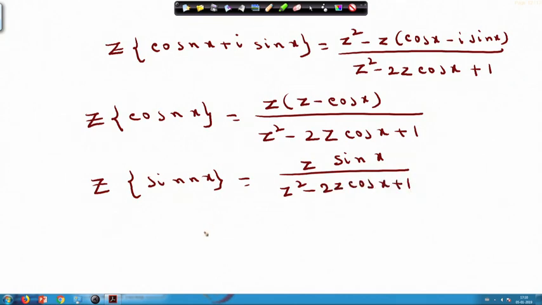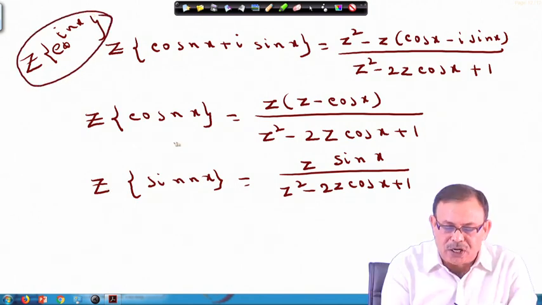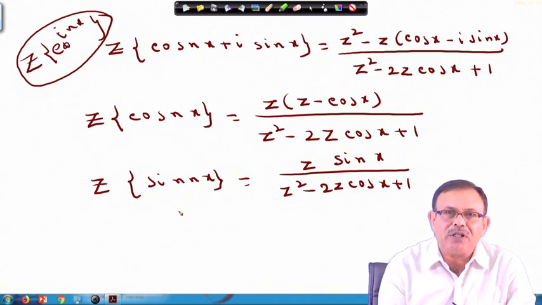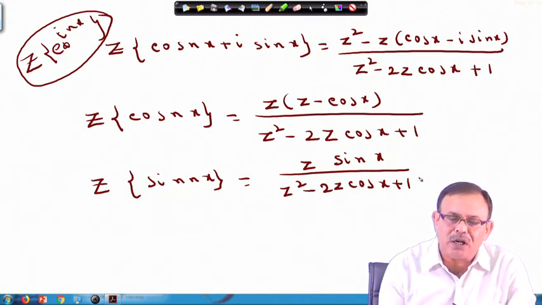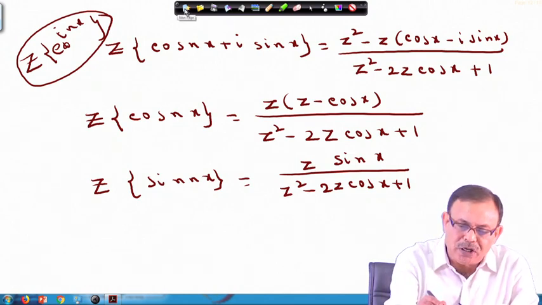So, by using the z transform of e power i n x, I have found the z transform of cos n x and of sin n x by simply equating the real part and the imaginary part.